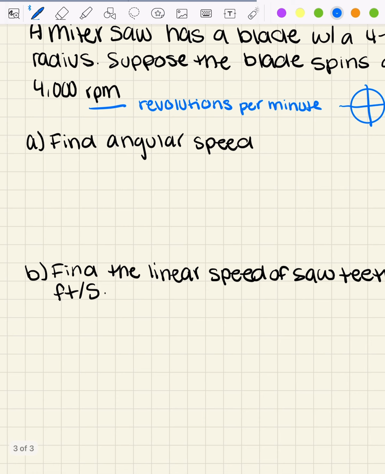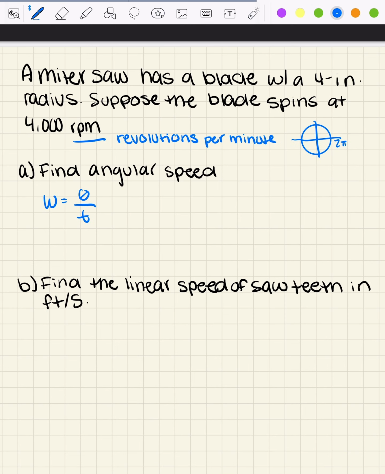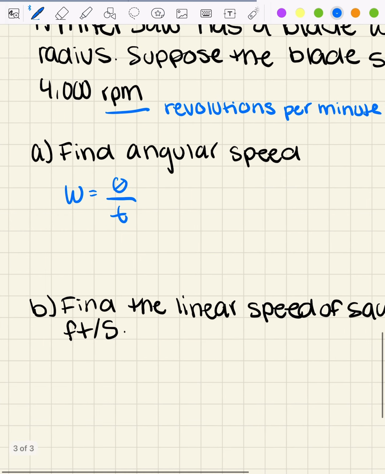So find angular speed. The way we find angular speed is we use the equation omega is equal to theta over time. Normally, theta is an angle, but if we look at what we're given, we're not actually given a specific angle. So the way we combat that is we use this 4,000 RPM. That is more or less our angle.